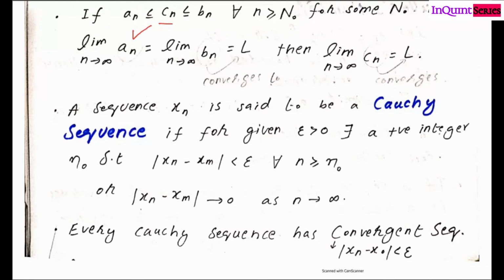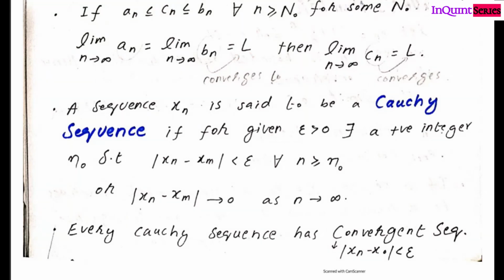As you can see, cn is in between an and bn. So if l is the limit of an and bn, then l must be the limit of the sequence cn. So that's the Sequence theorem.